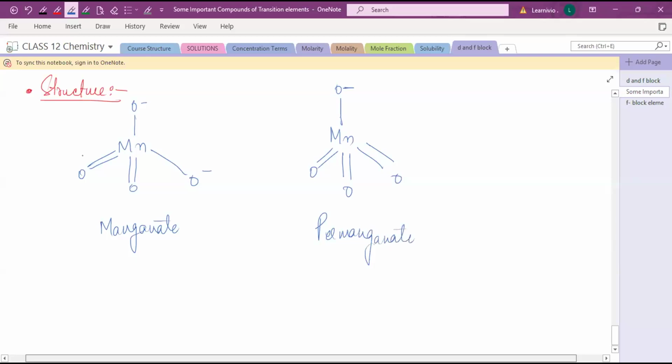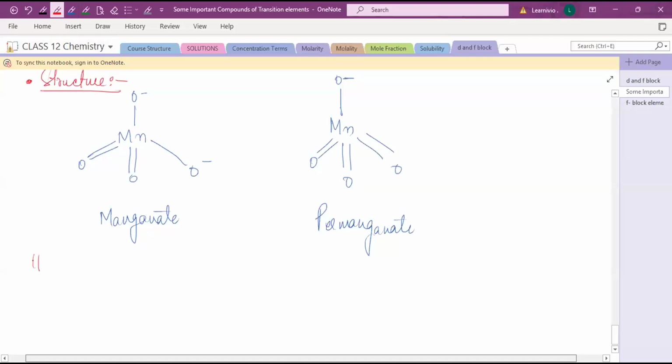So both have the tetrahedral structure. But you can see there are 3 Mn=O double bonds and only 1 Mn-O single bond in permanganate. But in manganate there are 2 Mn=O double bonds and 2 single bonds between manganese and oxygen. So that's the difference between these two.